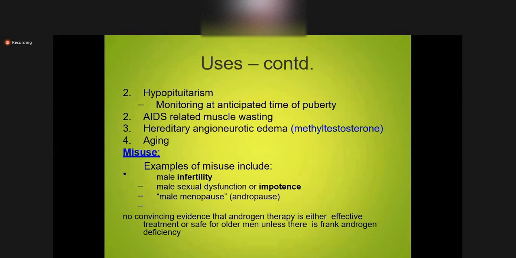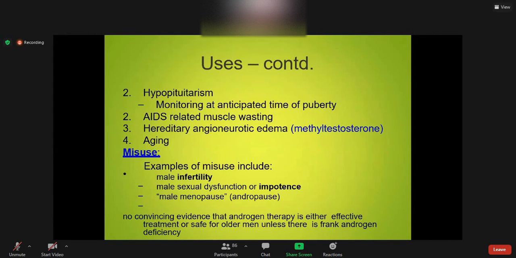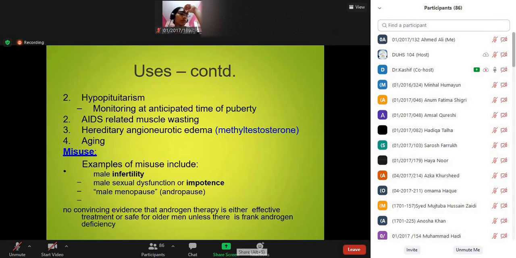Then we have other uses. The first is androgen replacement therapy. The second condition is hypopituitarism, where we can use androgen. We can use it for AIDS-related muscle wasting. In HIV infections, testosterone can enhance muscle mass, so it is rightly used in patients who have a very debilitated condition or muscle wasting.